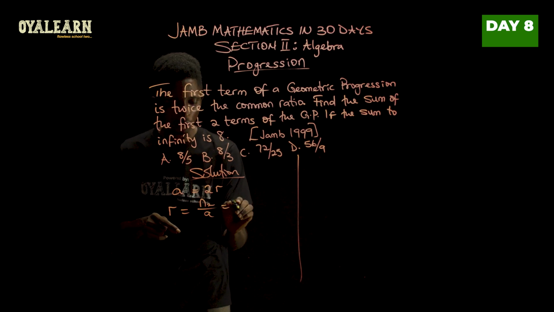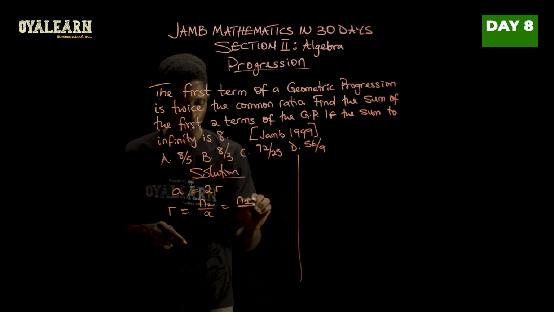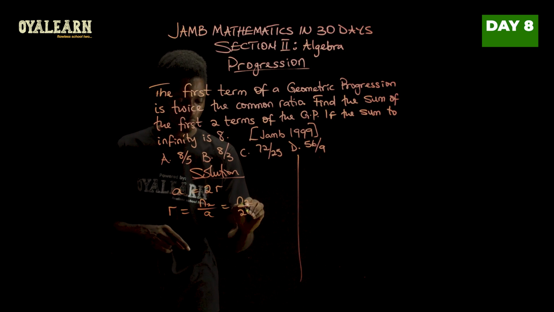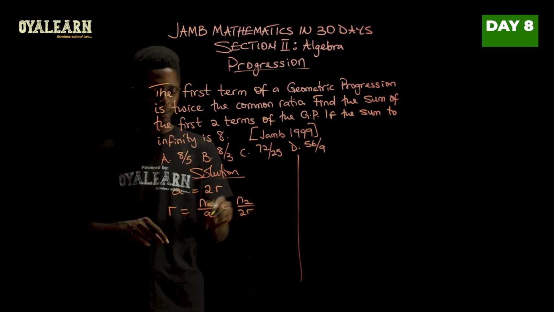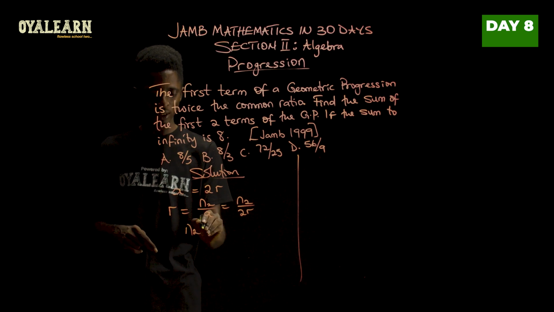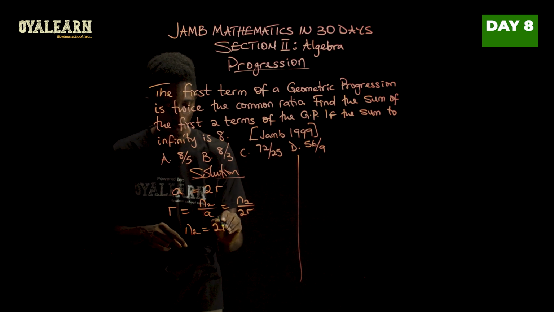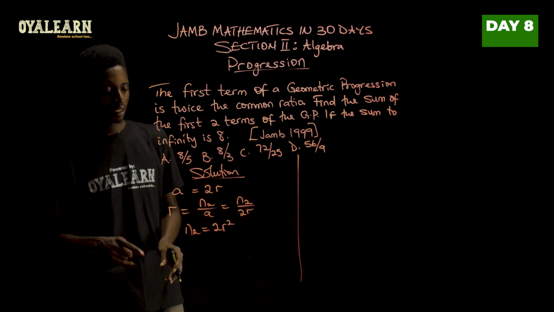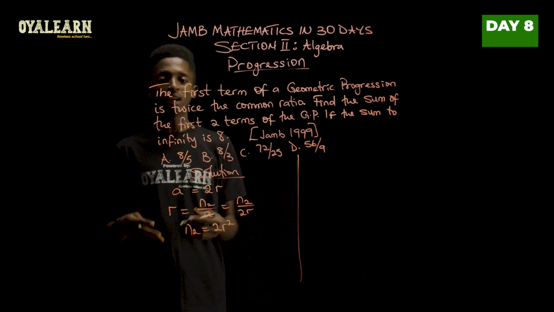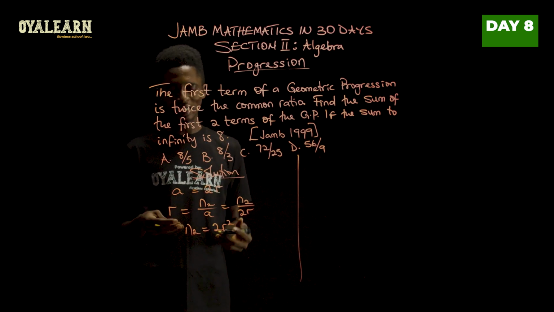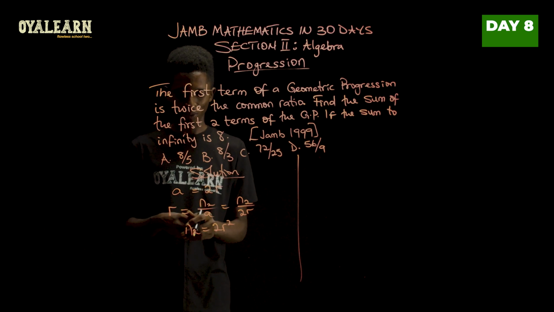Now, if we continue from here, N2 over A, and A is 2R. So from here, we can make N2 the subject and say the second term would be twice of R squared. There's also the regular formula we can use to find a particular term, which goes in the same direction.